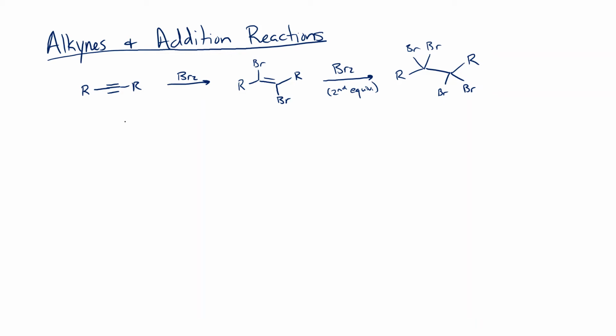What's going to happen is our first equivalent of whatever we're reacting it with, in this case Br2, will react with 1 pi bond to make an alkene product.